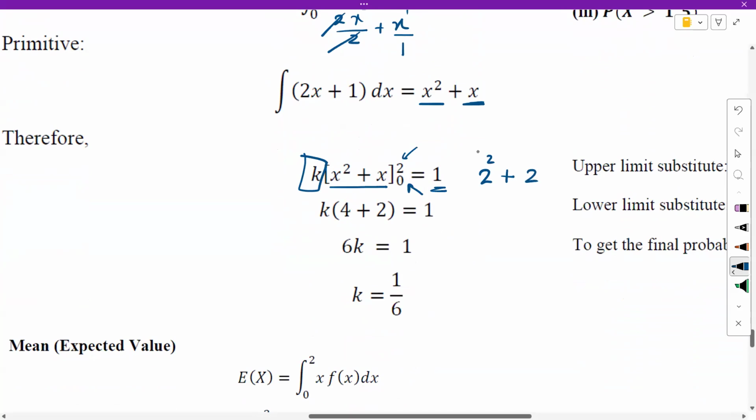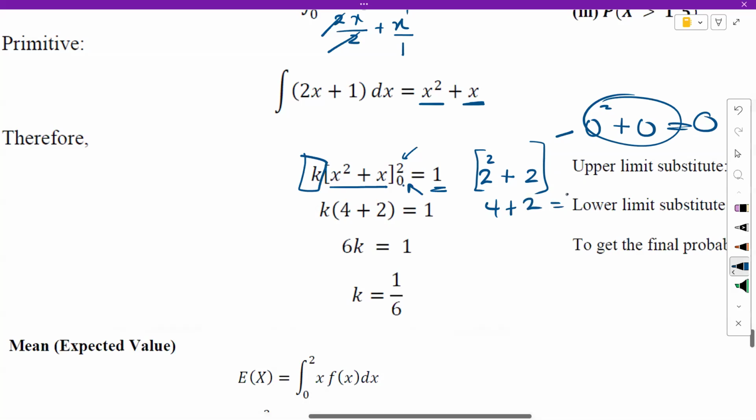That is the first part. For the second part, we substitute 0, then 0 to the power 2 plus 0. Altogether, this becomes 0. So therefore, 4 plus 2 equals 6.